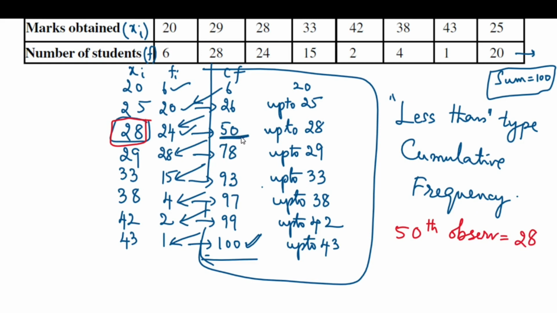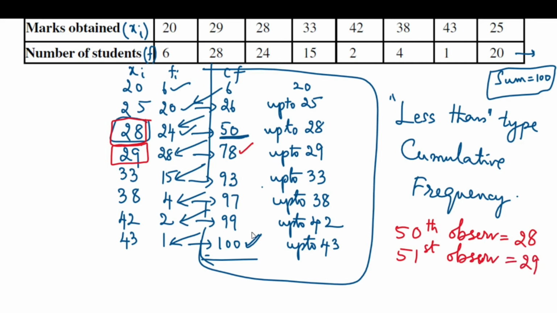Then next we have to get 51st observation. 51st to 78th observation is covered in this cumulative frequency 78. The value of observation here is 29. So 51st observation is 29.